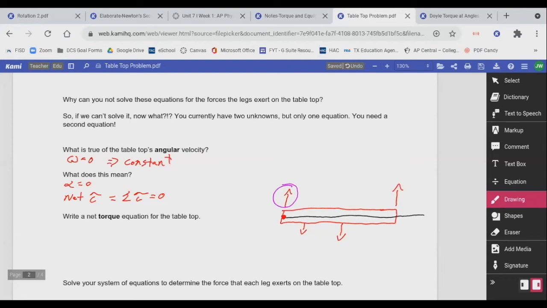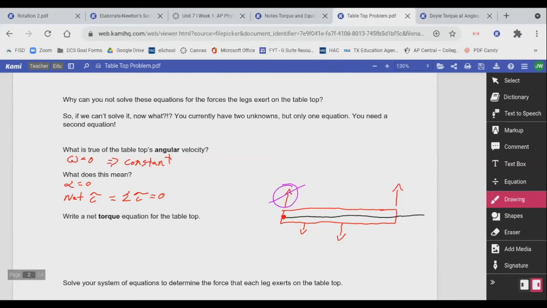So this one won't be included, because the force is acting on the pivot and therefore does not apply any torque. I mean, we can say, okay, but what if it's 100 newtons? Great. 100 newtons times the distance. What's the distance? 0. 100 times 0 is 0. Okay.